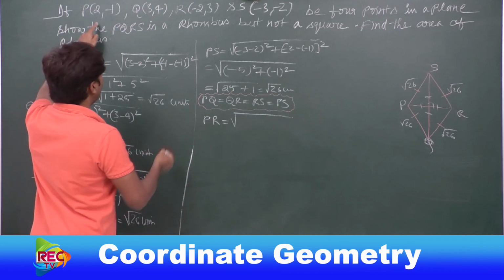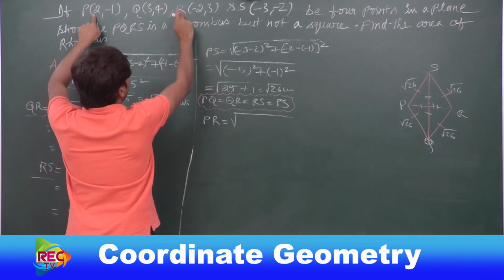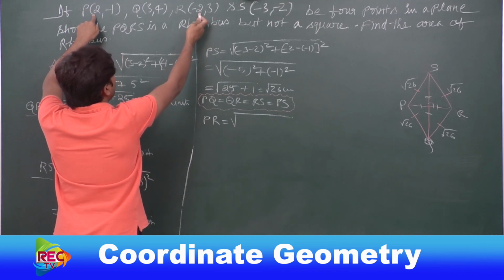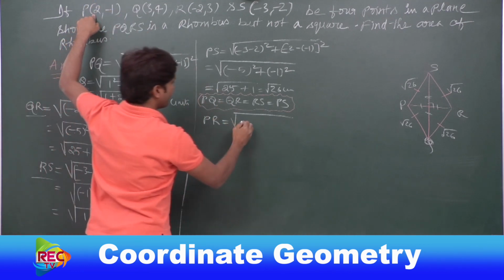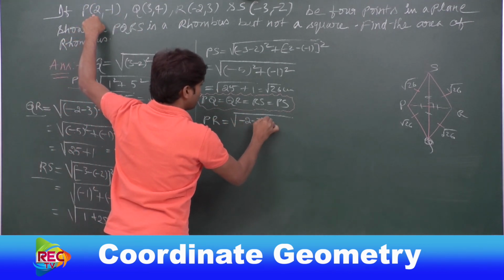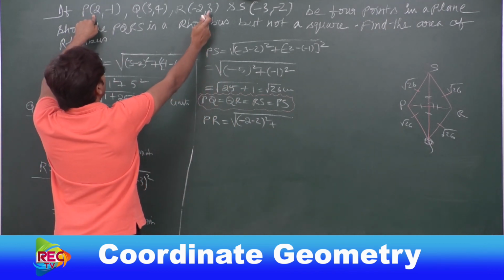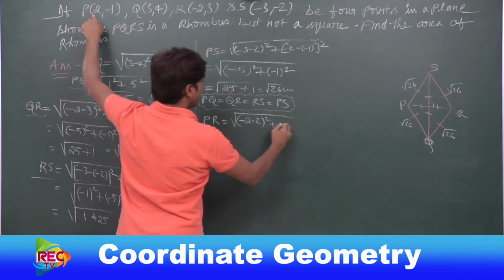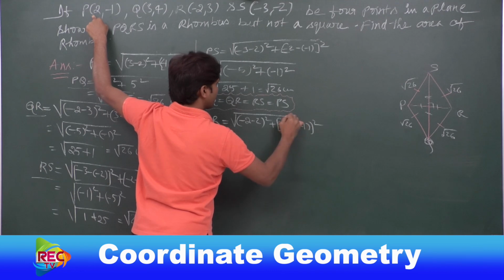This is x1 y1, P, and this is x2 y2, R. So x2 minus x1 whole square means minus 2 whole square, plus y2 minus y1 whole square, minus 3 minus of minus 1 whole square.